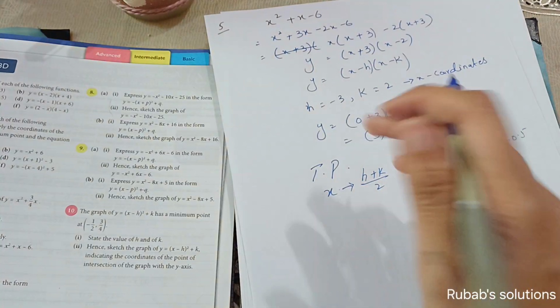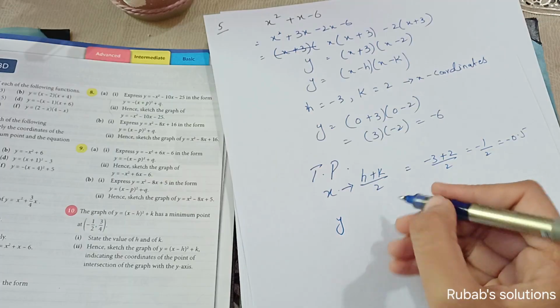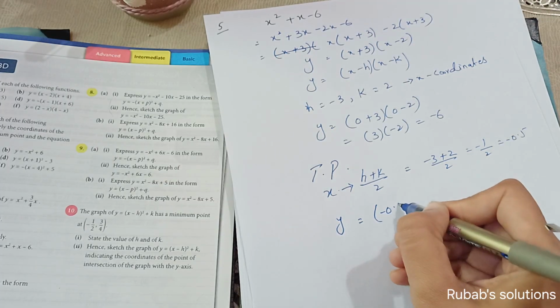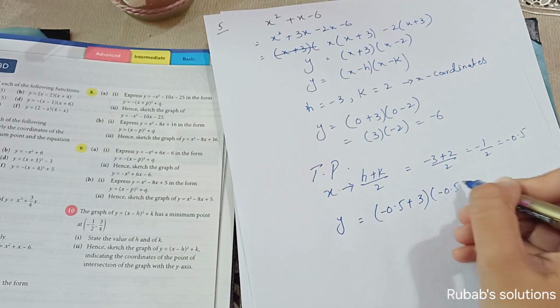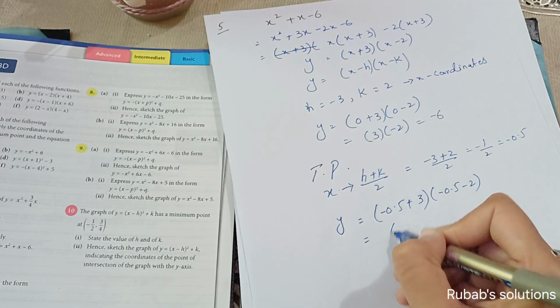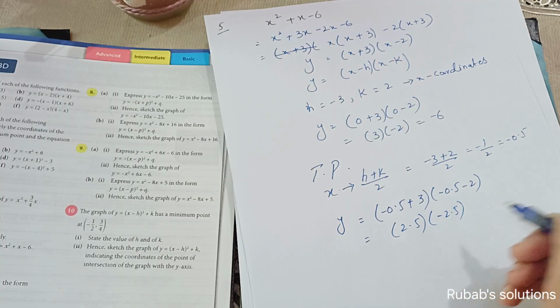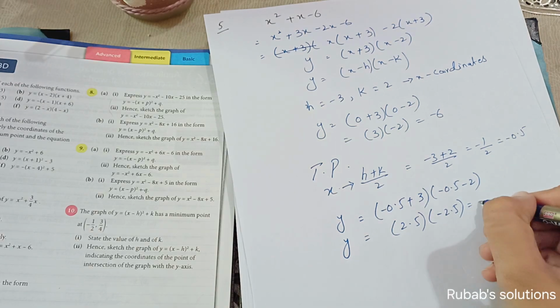And the minus 0.5 if I put in the given equation, I will get the value of y. So it is (minus 0.5 plus 3) and (minus 0.5 minus 2). From here 2.5 and from here minus 2.5. Multiply it and you will get the answer. I think 6.25 if I'm not wrong.